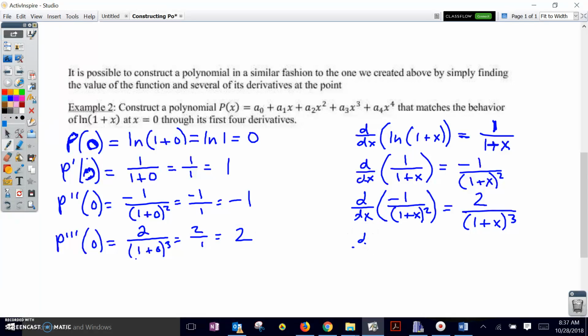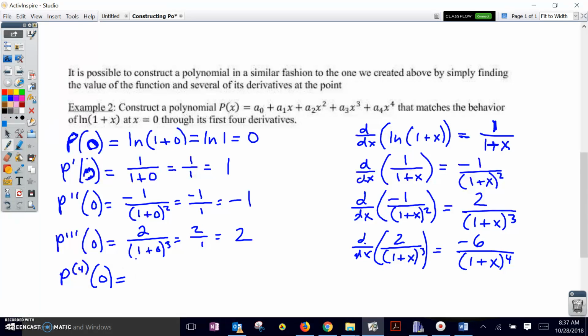And lastly, the derivative of 2 over 1 plus x to the third is negative 6 over the quantity 1 plus x to the fourth. And so we want the fourth derivative to mimic the behavior of that at 0.